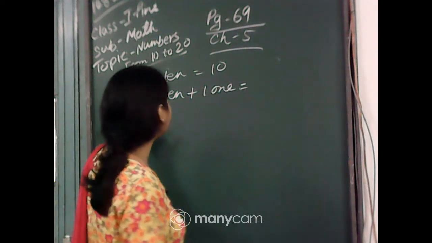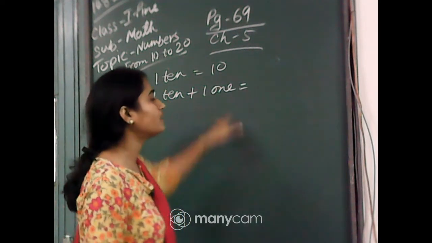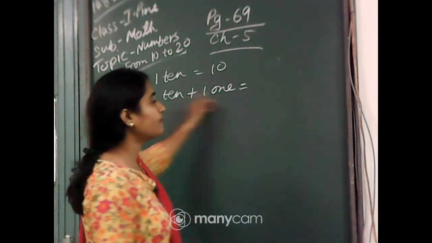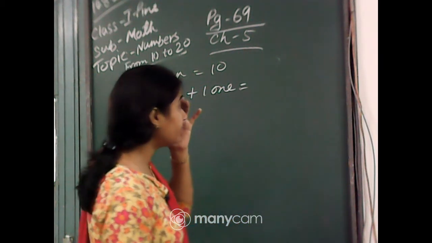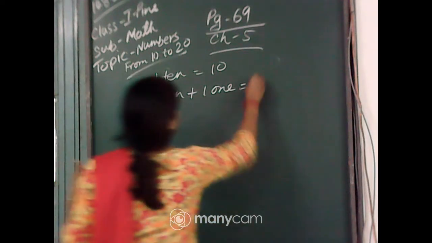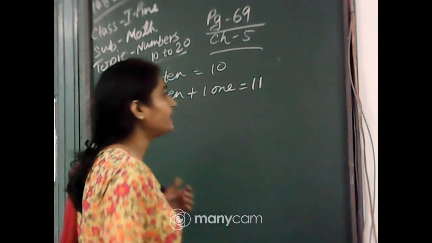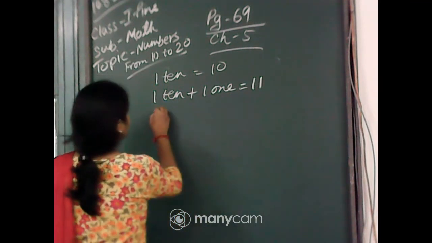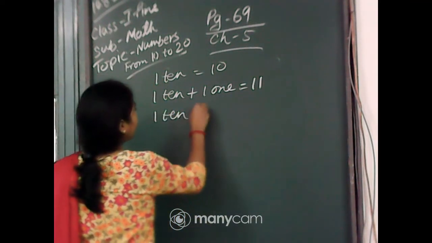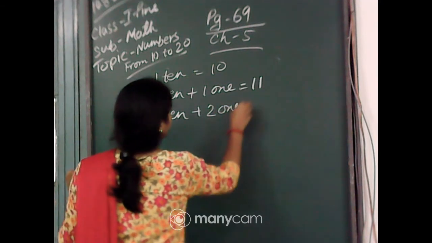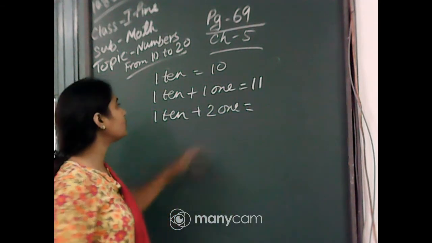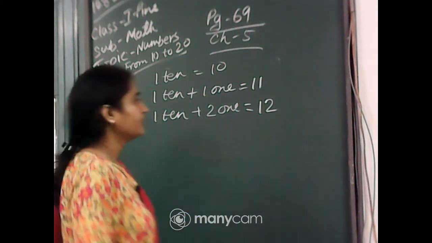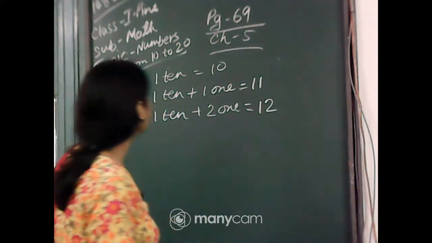Please answer me. 1 ten plus 1 one, what will be the number? 11. 1 ten plus 2 ones means 12. Yes, very good.